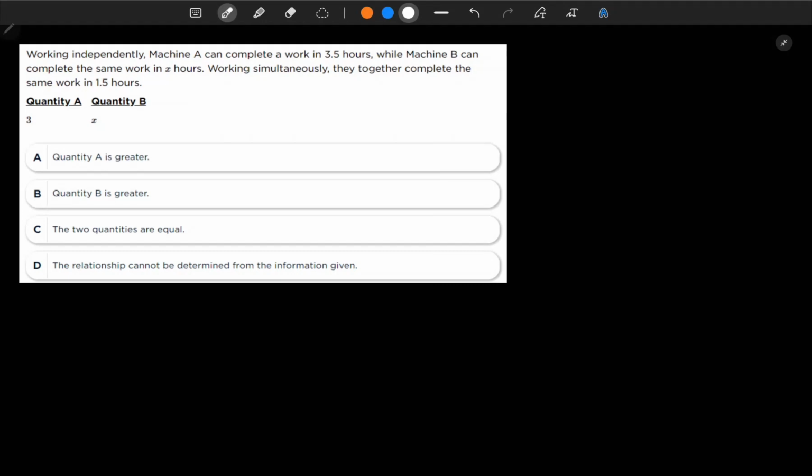So let's write down what we know. We know that machine A can complete a certain amount of work, so let's call it 1 work, every 3.5 hours. So it completes 1 amount of work in 3.5 hours. Whereas machine B, on its own, completes 1 amount of work in x hours.